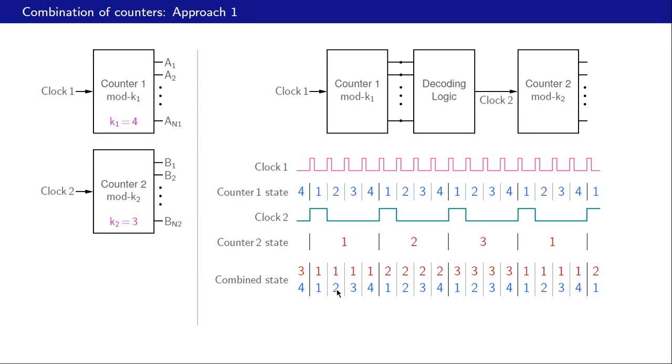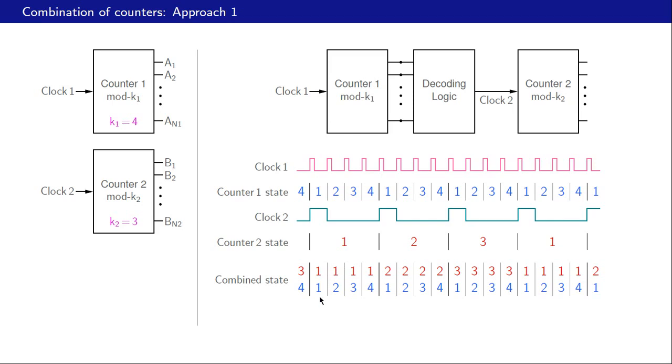In this interval, counter 1 is in state 2, counter 2 is in state 1, so we have this combination here, and so on. And let us now try to figure out the modulus of the combined counter circuit. What is the meaning of modulus? That means the number of clock pulses after which the combined state repeats.